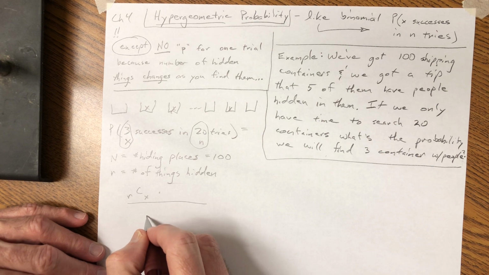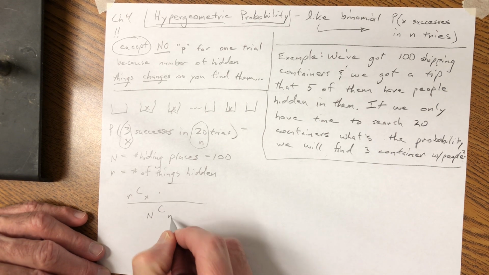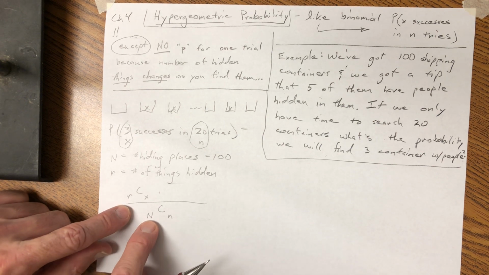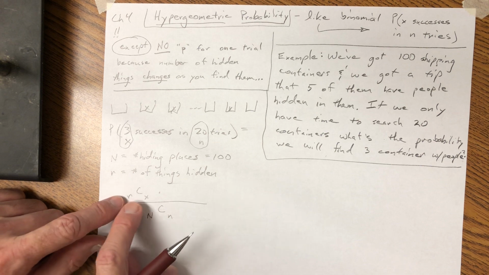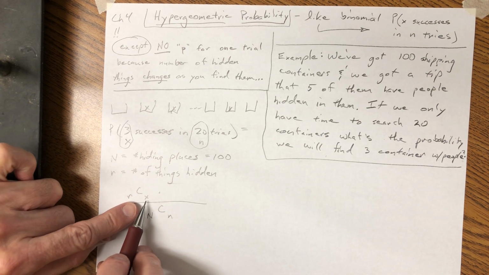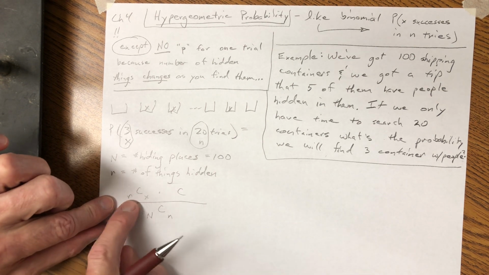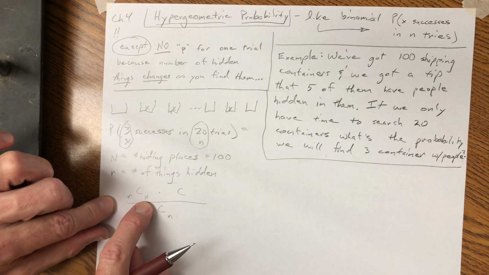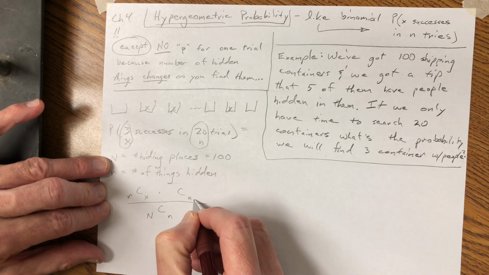That is capital N choose little n. So the bottom is how many different ways we can search. Then up here, there are R things to find, and we want to find X of them. These are our X successes, and that means we're going to have N minus X failures.